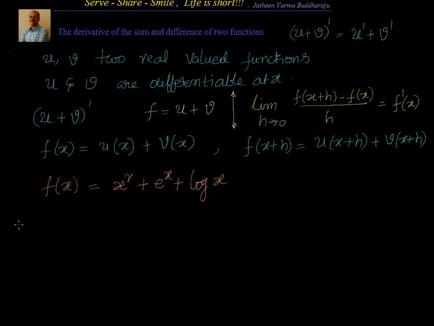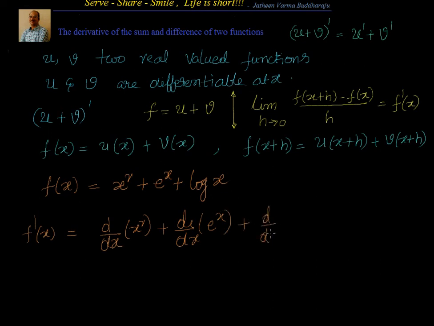So f dash x is equal to d by dx of x square plus d by dx of e power x plus d by dx of log x.